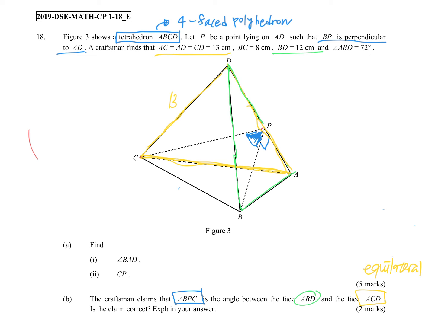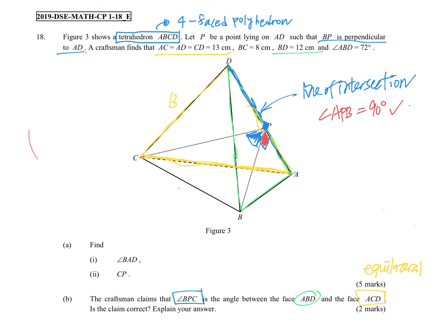After highlighting, you can see the line of intersection is here. Along the line of intersection, the question shows the representative point P, and BP is a normal. So already angle APB equals 90.